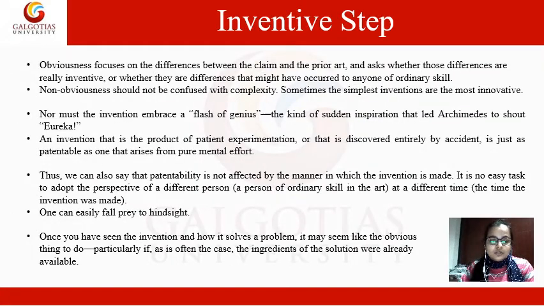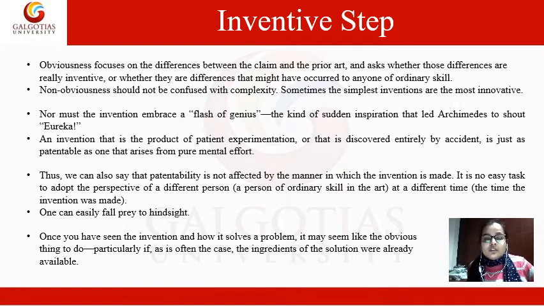So now we are talking about the obviousness of the thing. Obviousness focuses on the difference between the claim and the prior art. Here I'm again and again telling you, you would be comparing your product with the previously available products.